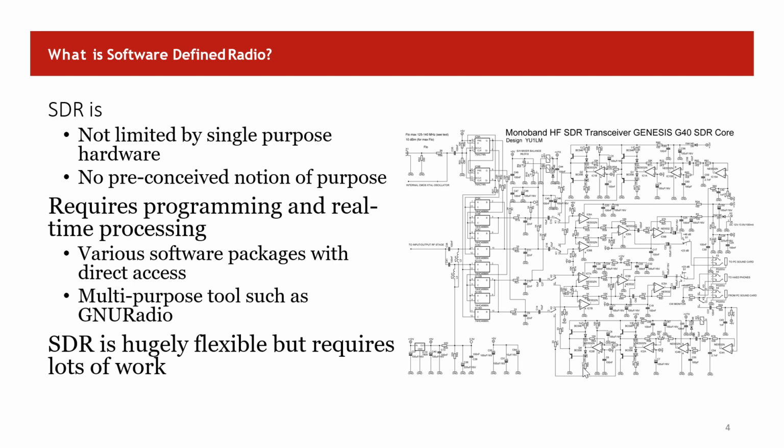So there is no preconceived notion of the purpose for these SDRs. Basically, it requires real-time processing, and various software packages and add-ons are used to listen to different frequencies and channels. It is basically a multi-purpose tool.